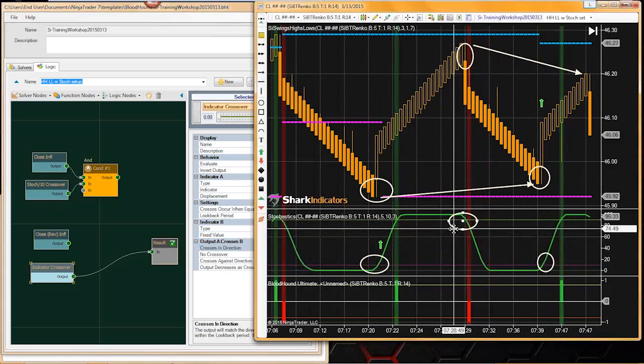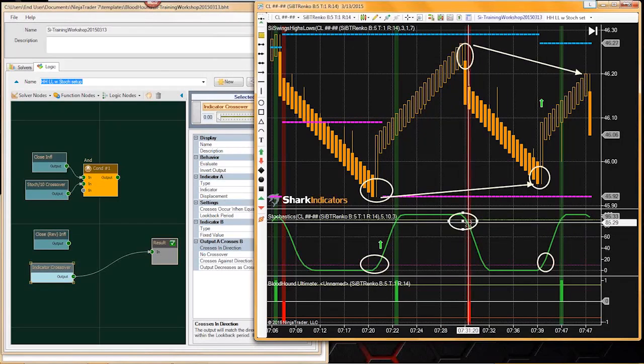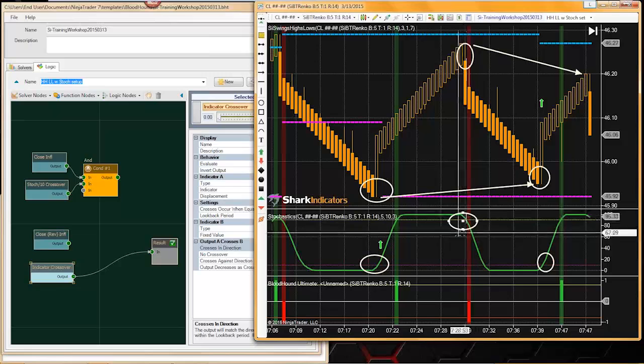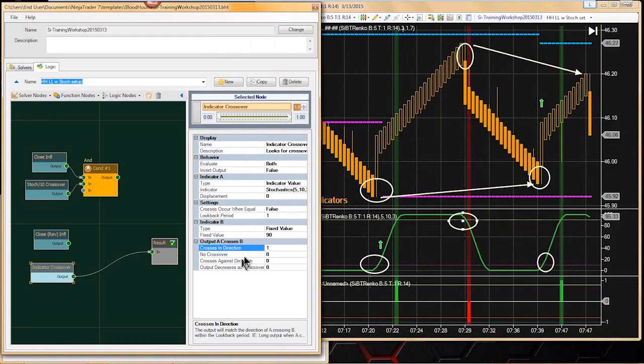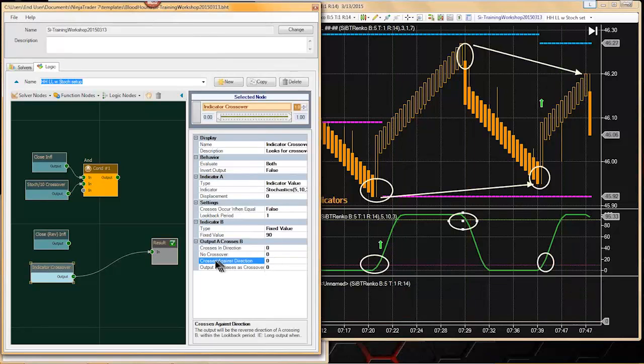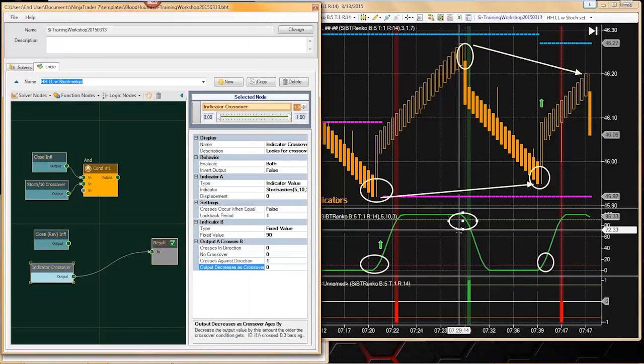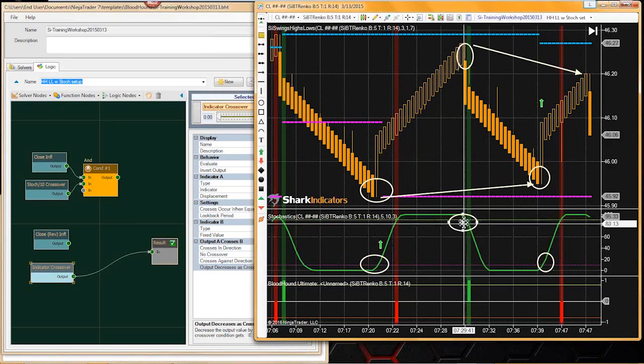The typical output for the crossover is a short output, because we're getting a cross down. So let's turn that in direction output off, and use this crosses against direction, which essentially reverses the output. Now we get a long output when it crosses down instead.